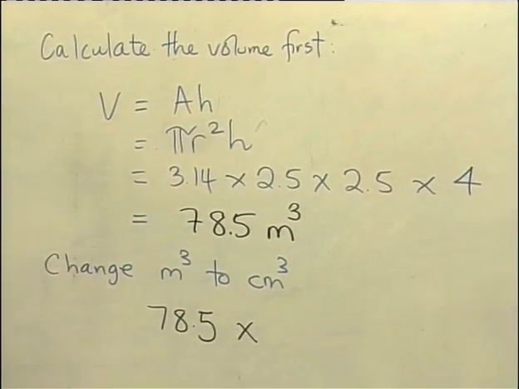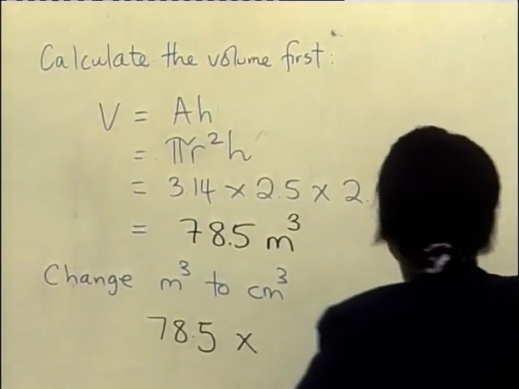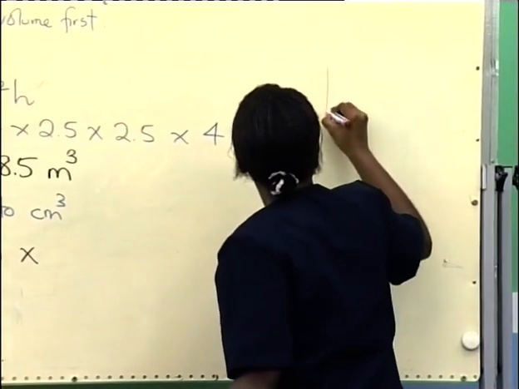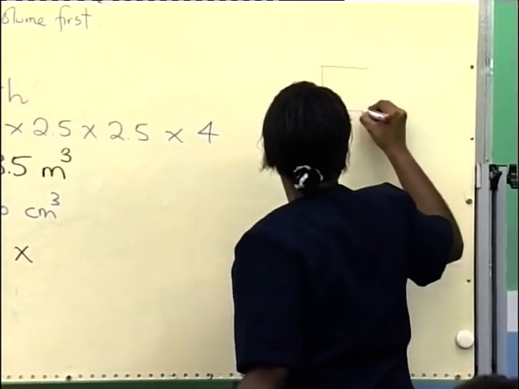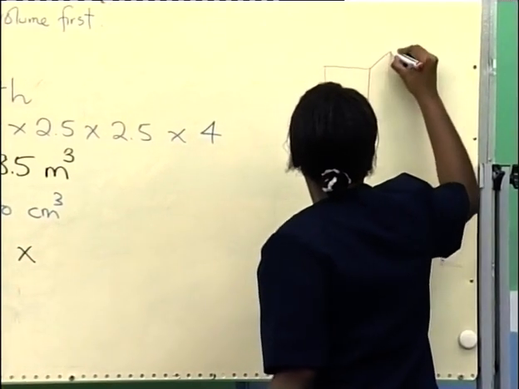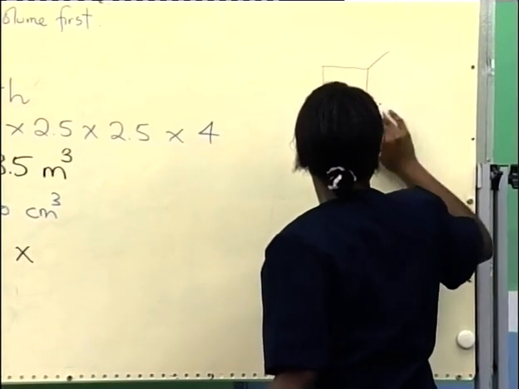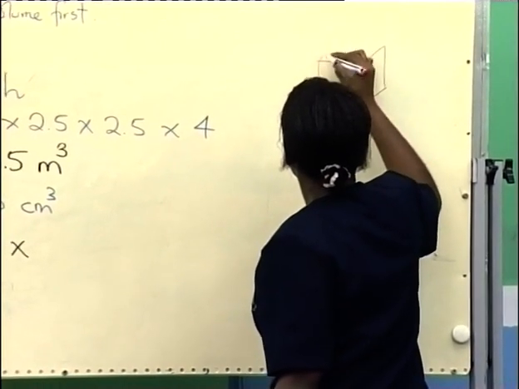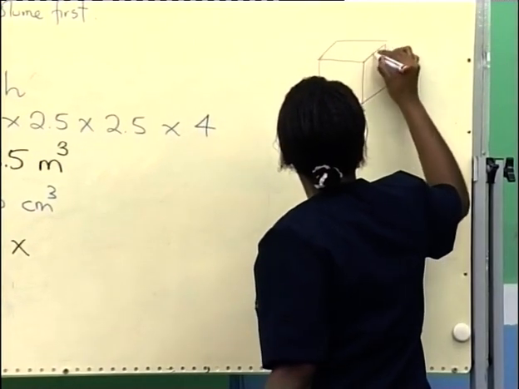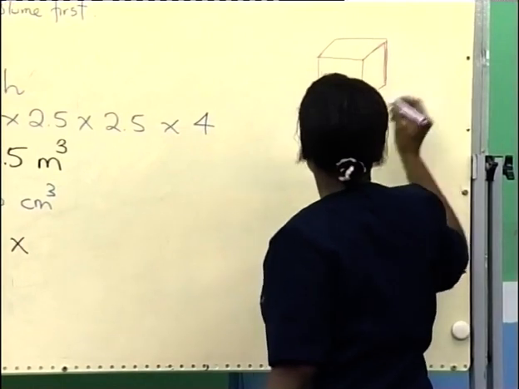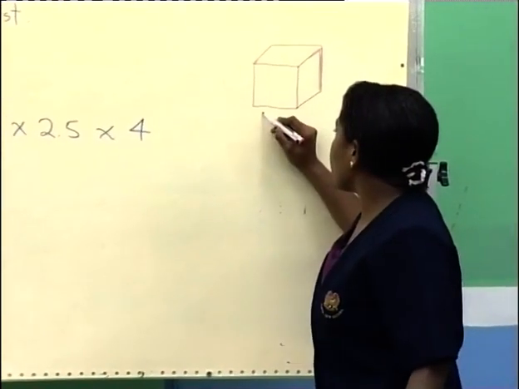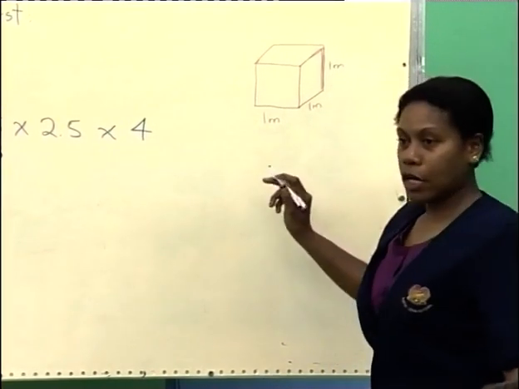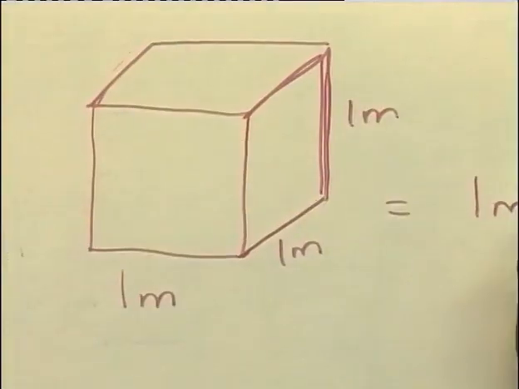I'll draw a diagram and you'll try and understand from here. 1 meter times 1 meter times 1 meter, which is 1 cubic meter.